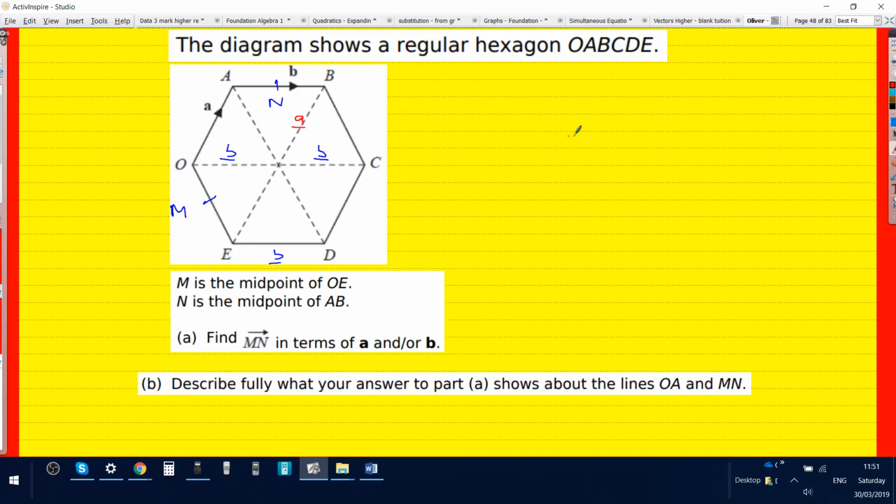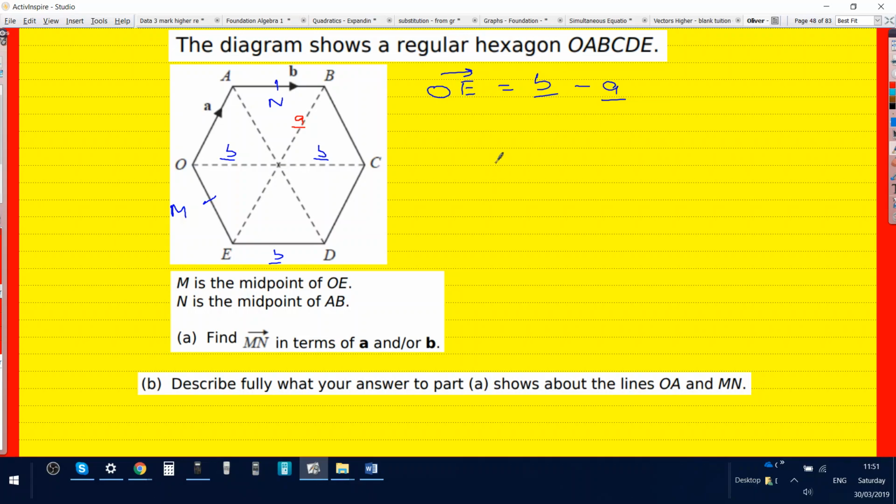So A to the midpoint would be minus A plus B. So B minus A. So from A to the midpoint is B minus A. Yeah. And so O to E equals B minus A. Okay.